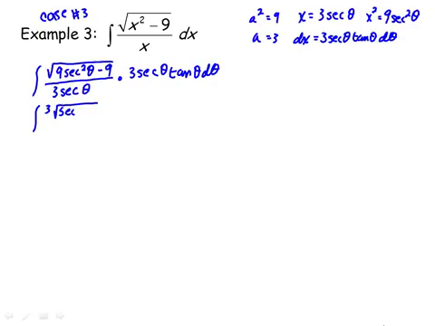Can you go all the way? Secant squared theta minus 1 is actually going to turn into what? Yep, tangent squared theta. But we'll save that for down the road. So we have 3 secant theta over 3 secant theta times, again, if you want to cancel those out, you can.